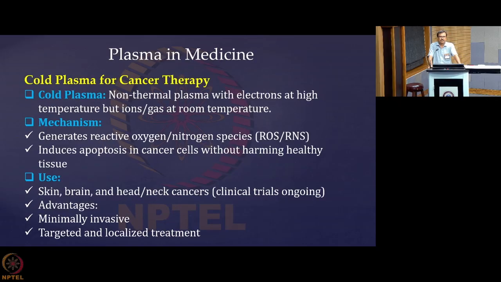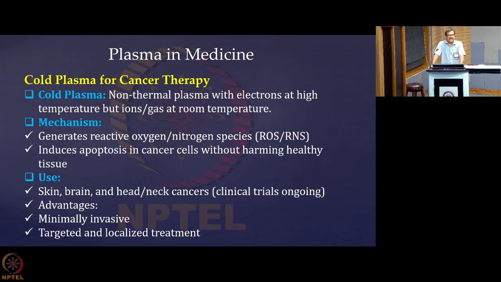So, cold plasma application: plasma in medicine. Basically, you require a cold plasma because you are going to handle tissues, which are living entities. So cold plasma, non-thermal plasma, has electrons at very high temperature, maybe 2 eV, 3 eV, but ions and gas at room temperature. The mechanism is that it generates reactive oxygen and nitrogen species, ROS and RNS, which induce apoptosis in cancer cells without harming the healthy tissues.